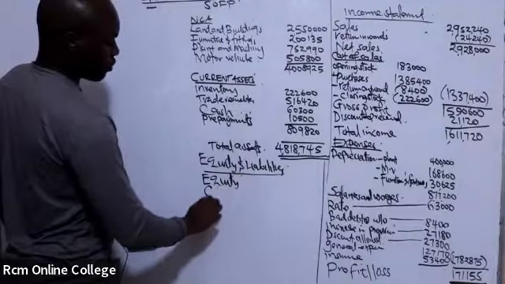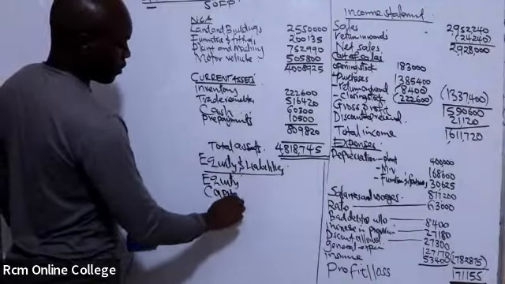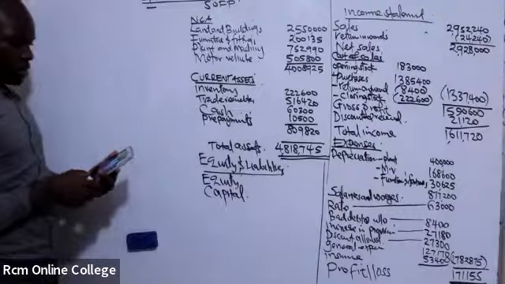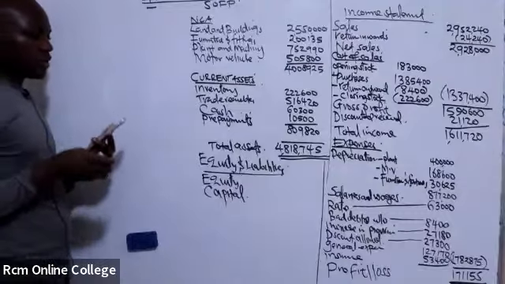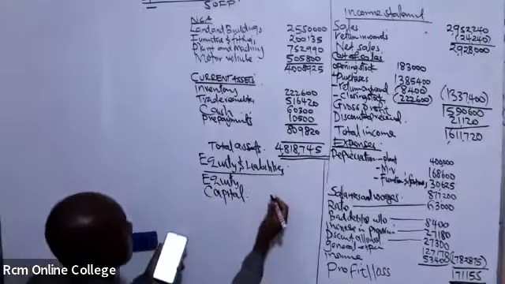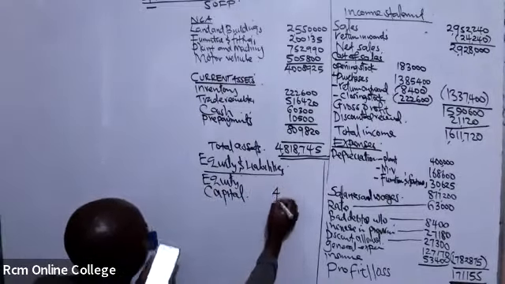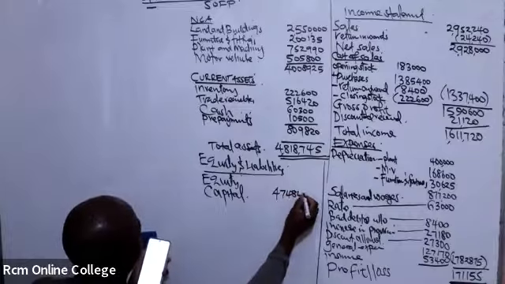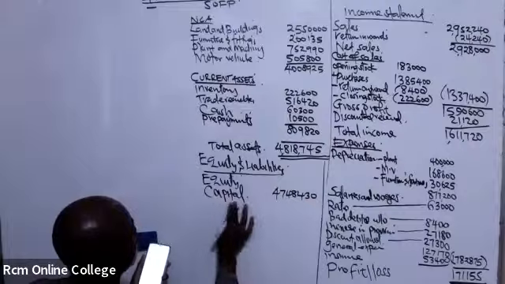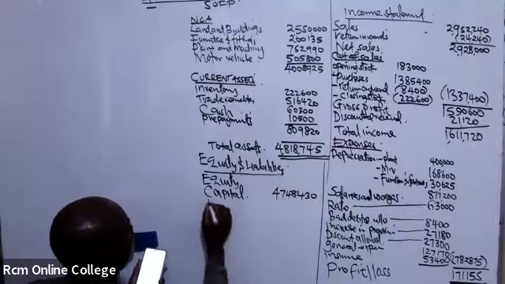Our capital in the question, I can see 47,48,430. To capital, we need to talk about the drawings now.